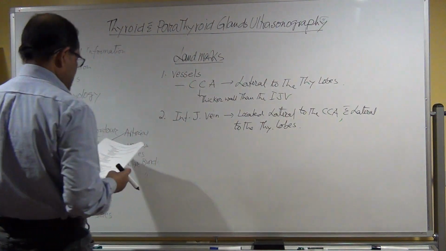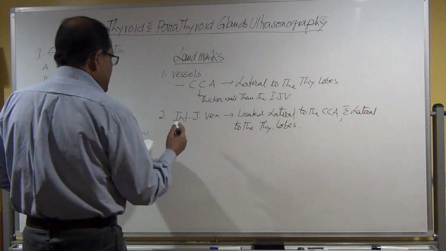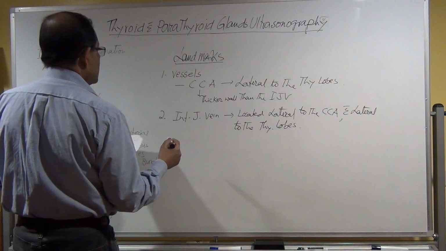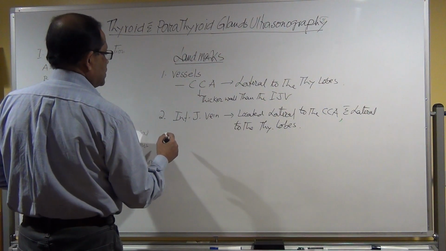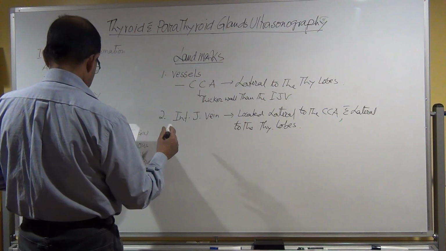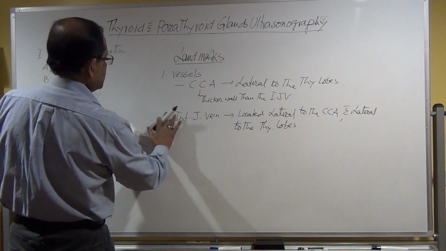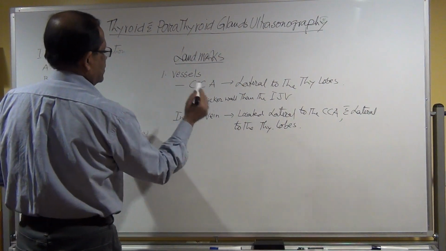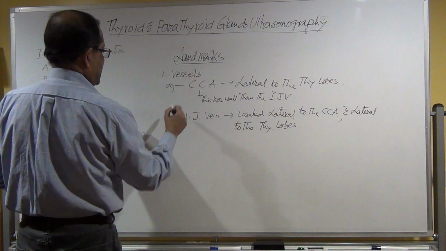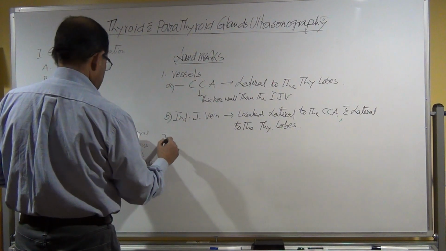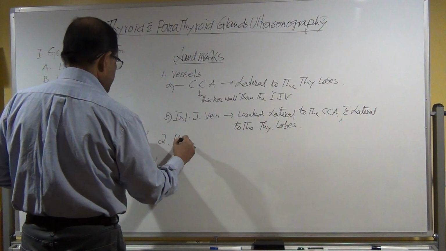Okay, these are the vascular landmarks, and there are muscles. Don't put 2 here, you can give A and this is B, and number 2 muscles.